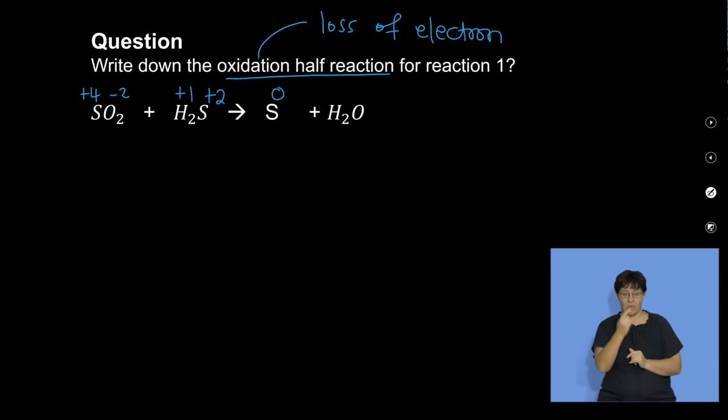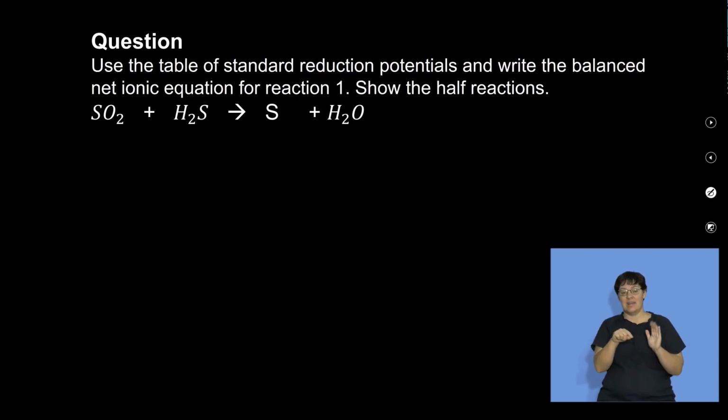In responding to this question, you must understand that you need to highlight the key words. Oxidation has to do with the loss, so the half reaction we're going to come up with involves the loss of electrons. These are some of the very important skills.